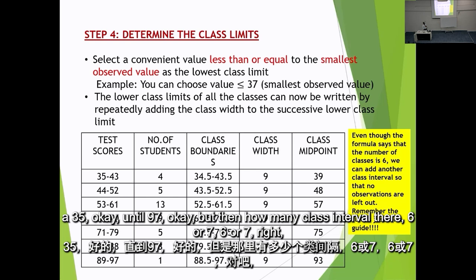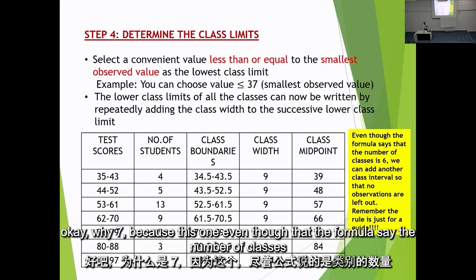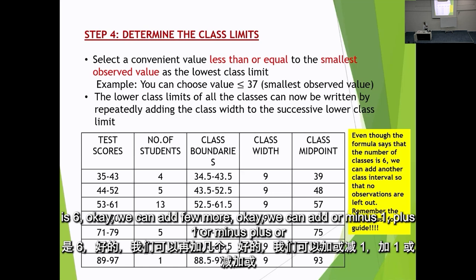But then how many class intervals are there? 6 or 7? 7, right. Why 7? Even though the formula says the number of classes is 6, we can add a few more, plus or minus 1.